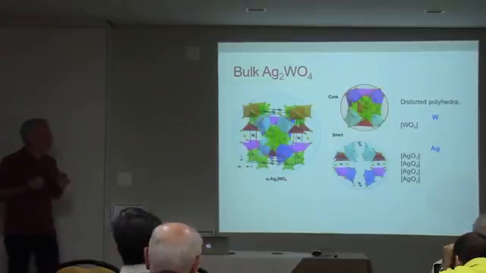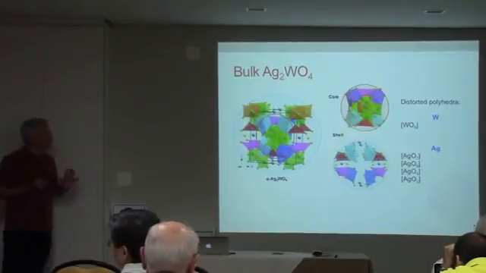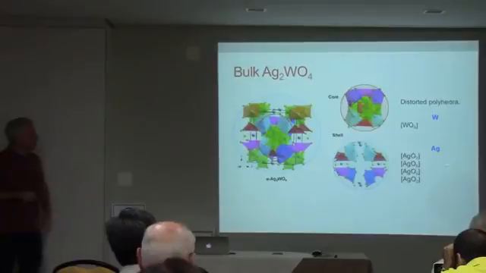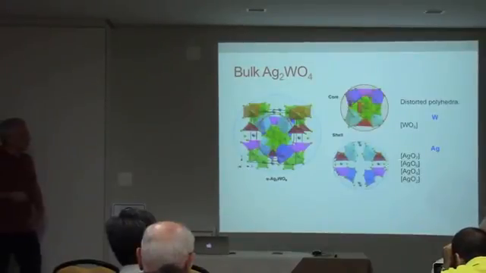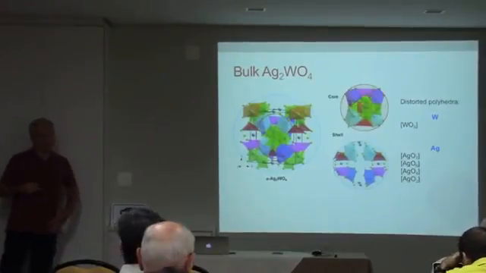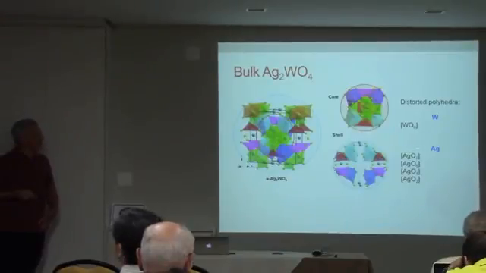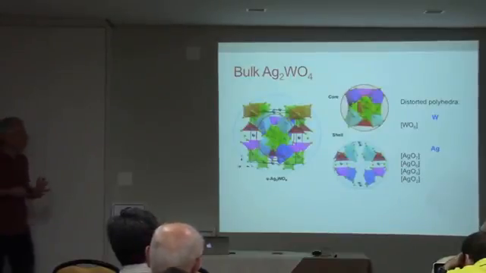So the structure is quite complex. We can find only one distorted polyhedron for tungstate, but for silver we can find four different coordination numbers, and even for this polyhedra, different configurations. So the system is quite interesting.